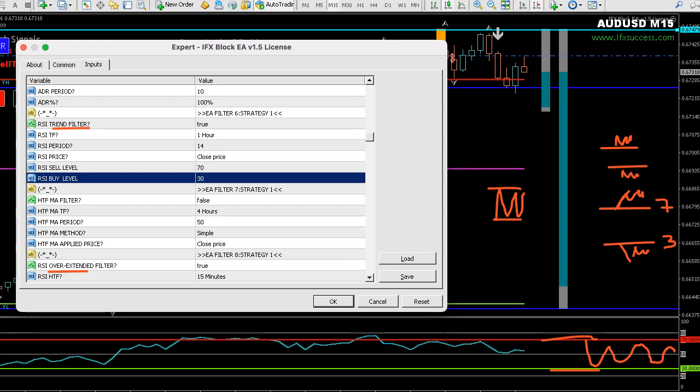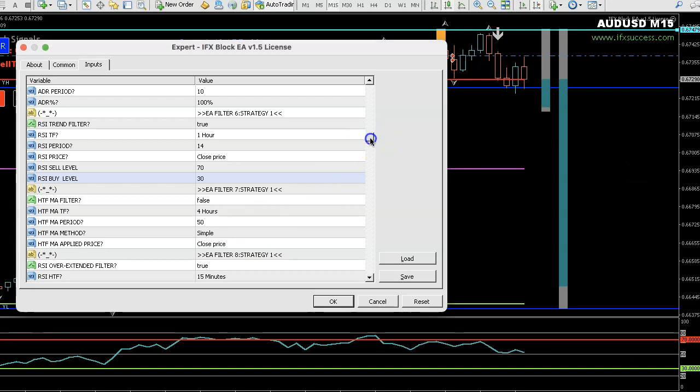So what we're telling in here is, give me any block inside 70-30. We can be a little bit more conservative and say maybe 60-40 or 65, and then here, 40 or whatever. That's up to you. You can choose 70-30. So that's that.